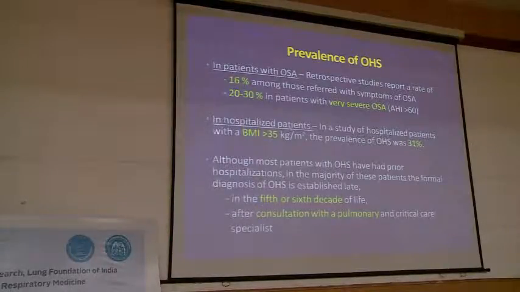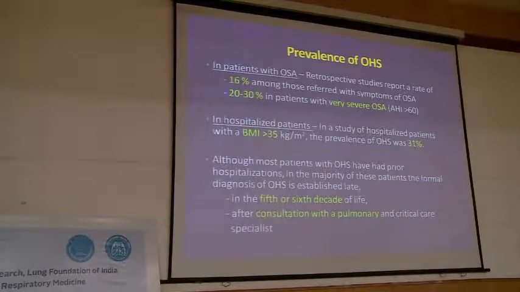What is interesting is that among hospitalized patients who present with type 2 respiratory failure and whose BMI is more than 35, 31% actually had obesity hypoventilation syndrome. These patients are admitted to the hospital multiple times, but the diagnosis of OHS is always missed. They are diagnosed as either COPD or OSA, treated, and sent home.